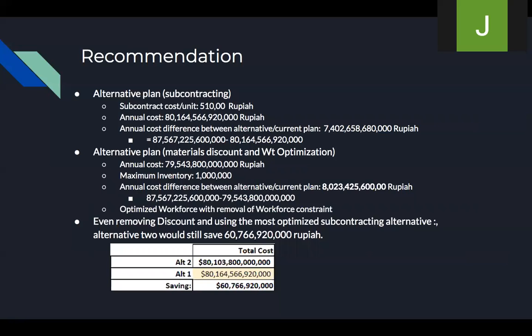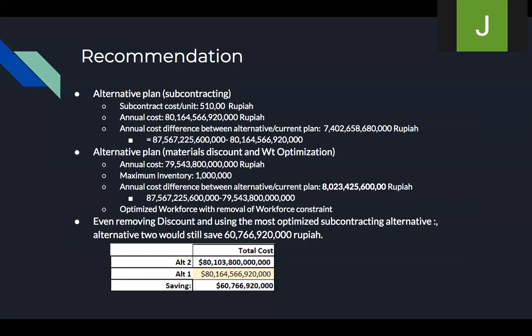So in terms of our recommendation, we would highly suggest Quicktronics consider our second alternative. Utilizing this alternative would significantly lower their overall total cost. Regardless, if the discount contract with the suppliers were not established, utilizing this method would still be advantageous.